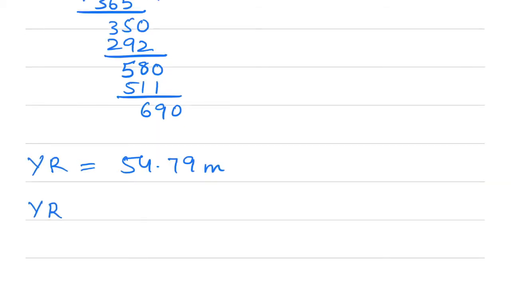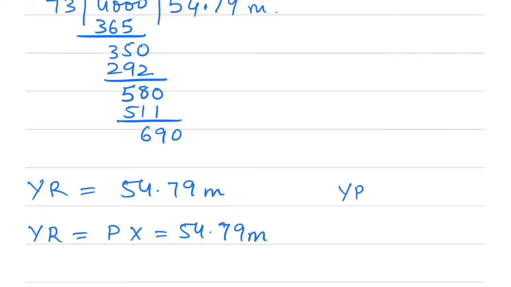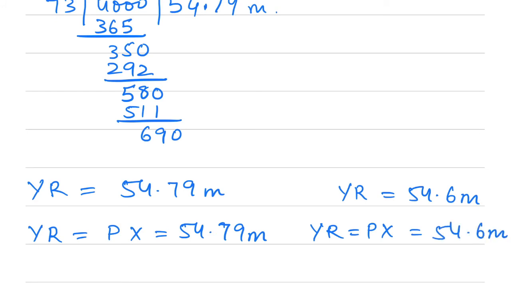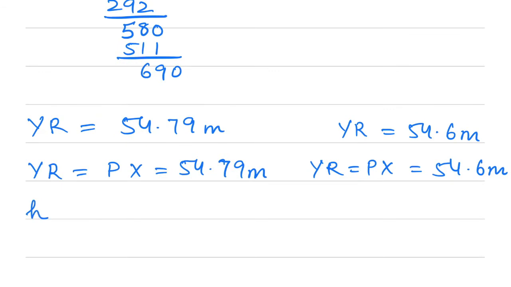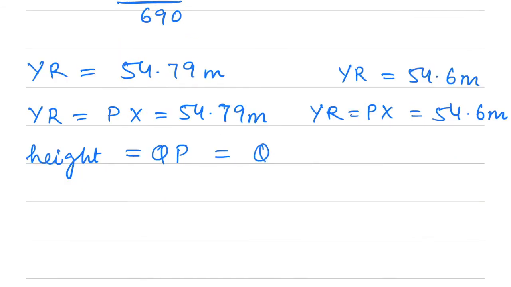So YR is equal to PX, so this is equal to 54.79 meters, and here we were getting YR as 54.6 meters, so this is also equal to PX, which is equal to 54.6 meters. Then we have to find the height. Height here is equal to QP equal to QR plus RP.